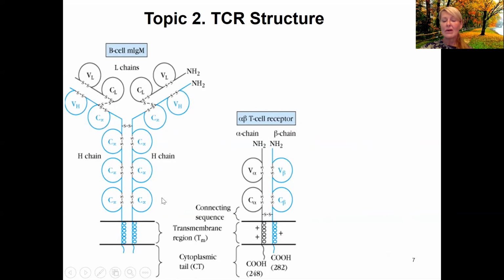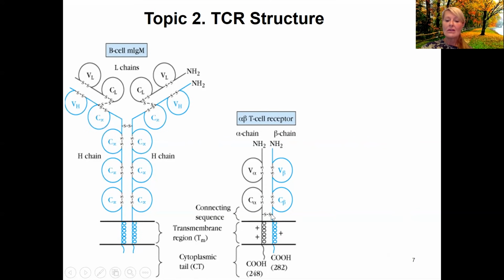And this makes them part of the same family. You see that they have variable region domains here and here, but you don't have what's called the heavy and light chain. Instead, you have, in this example, an alpha and a beta chain. Sometimes this will be a gamma and a delta chain, but they're not really heavy and light chains per se.